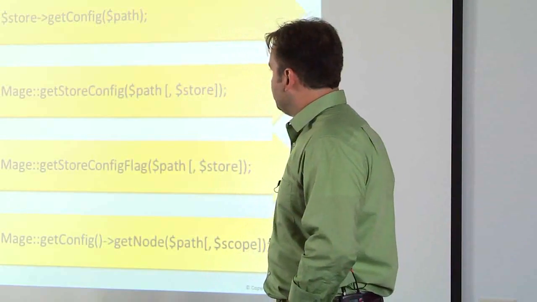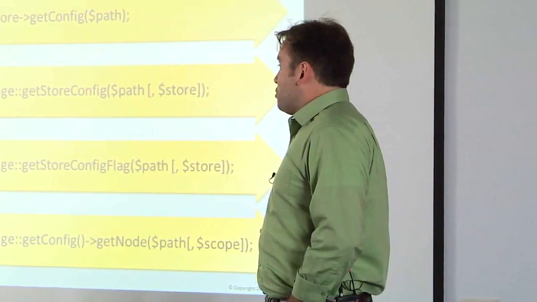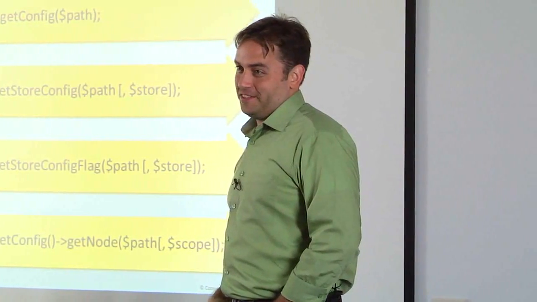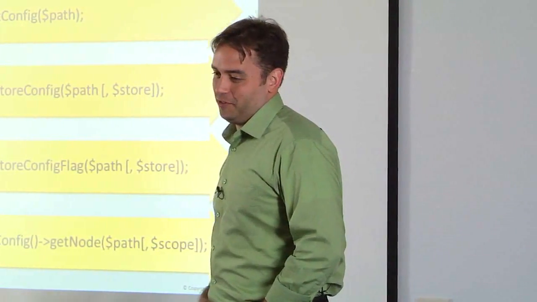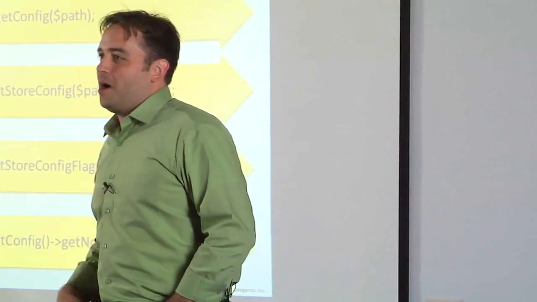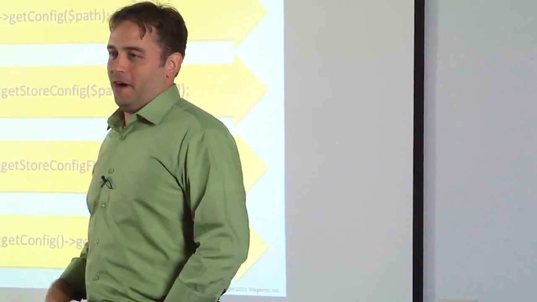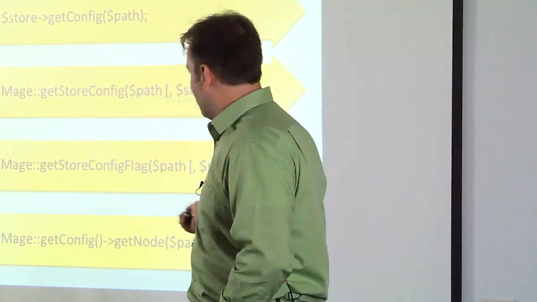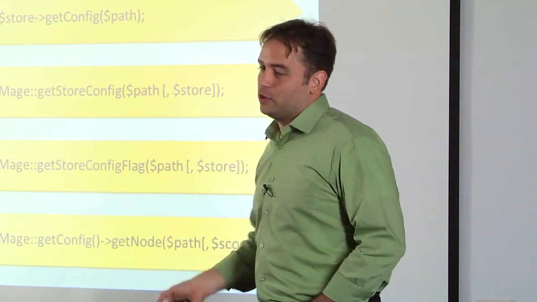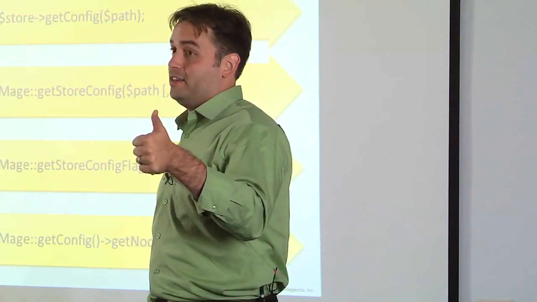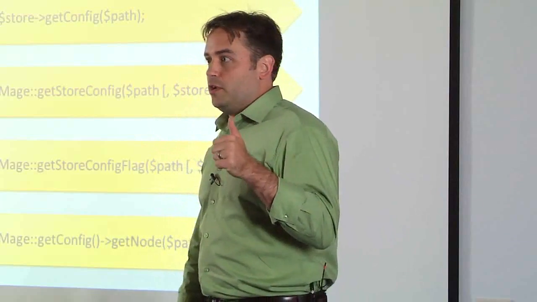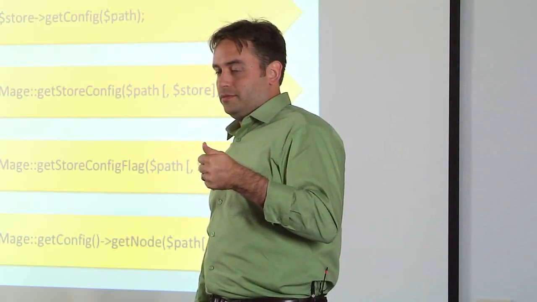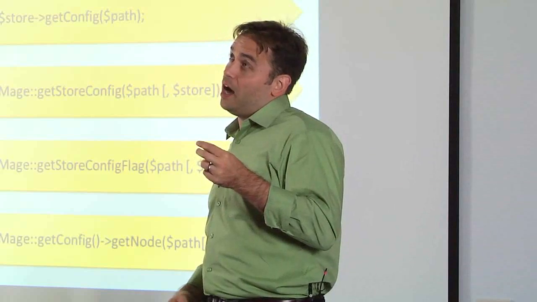All right, now if we want to check a flag in the configuration, that's a problem, certainly in PHP, because a string will always evaluate to true. So there's this function here, get store config flag, and it looks to see if the node is defined and if the node is true, or actually if it's not false.